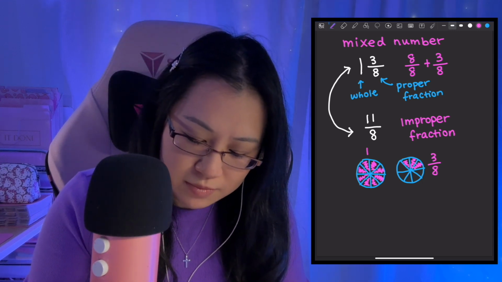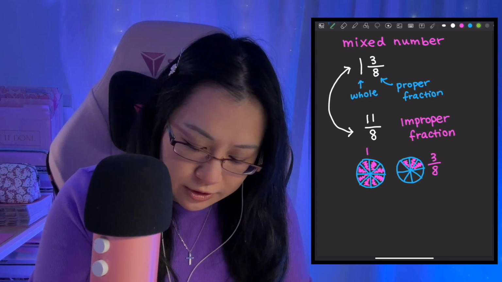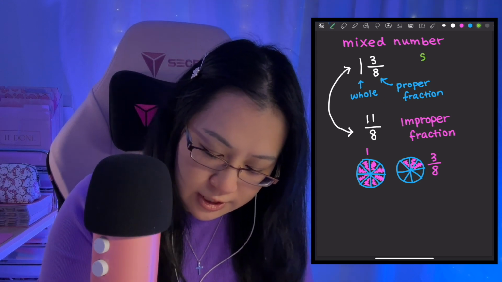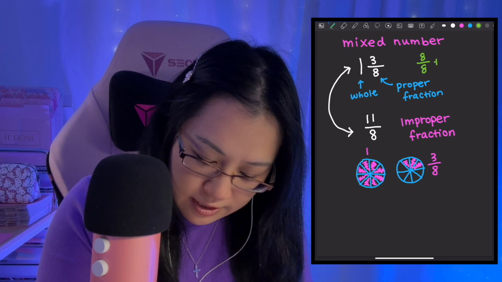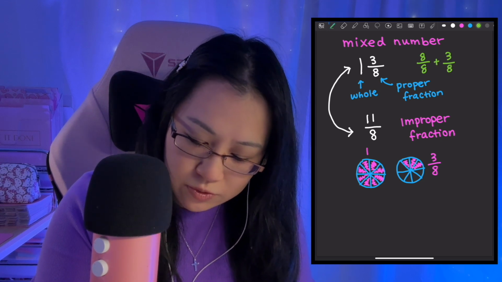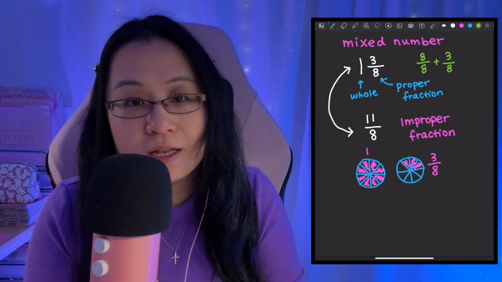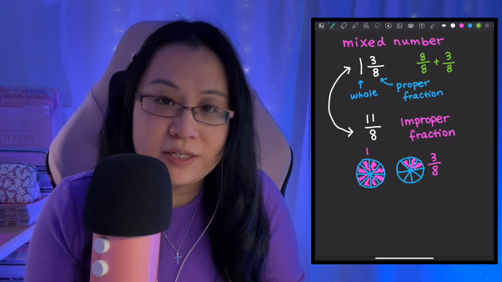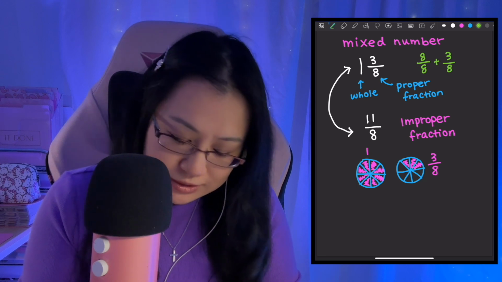You keep the denominator here. Essentially, this 1 is actually 8/8, and then we add our 3/8. So in total, we have 8 plus 3, which is 11/8 pieces, 1/8 pieces, right?